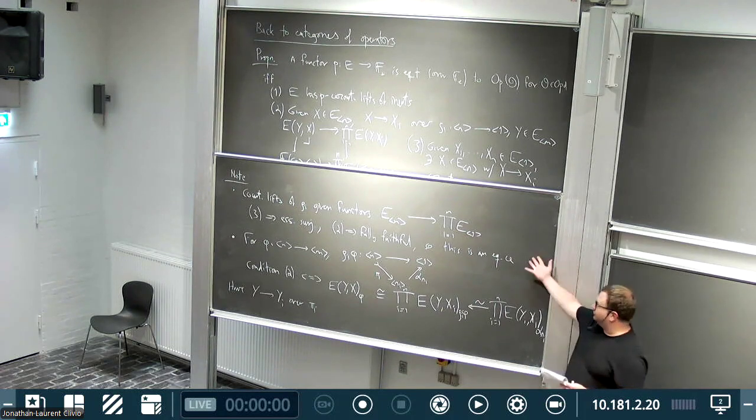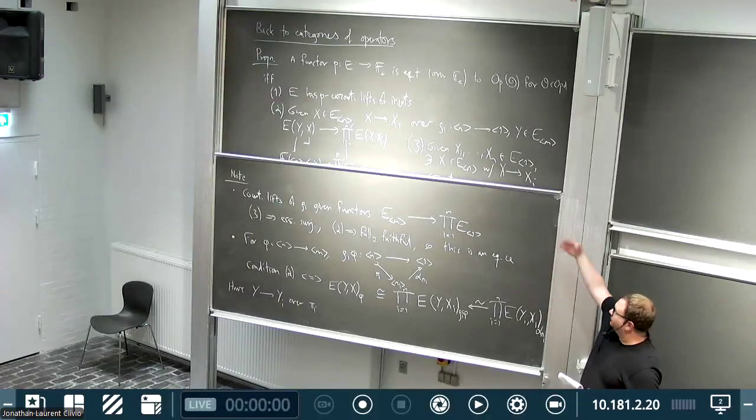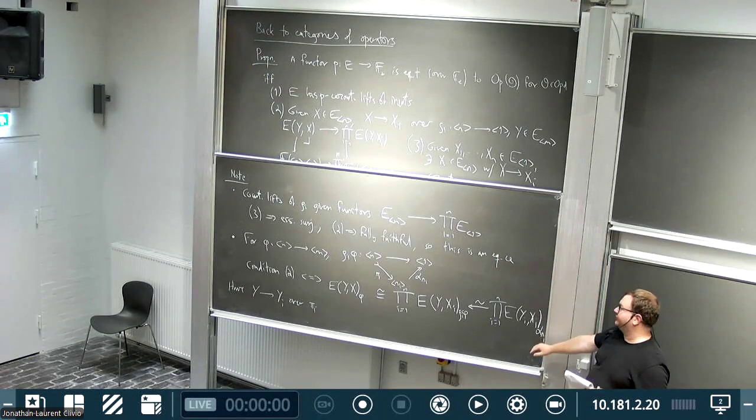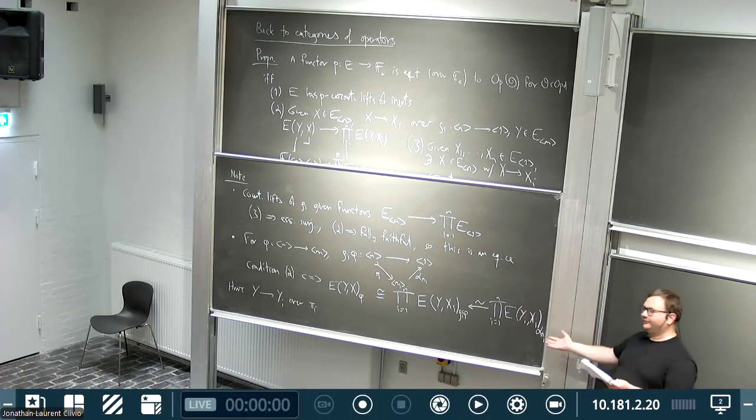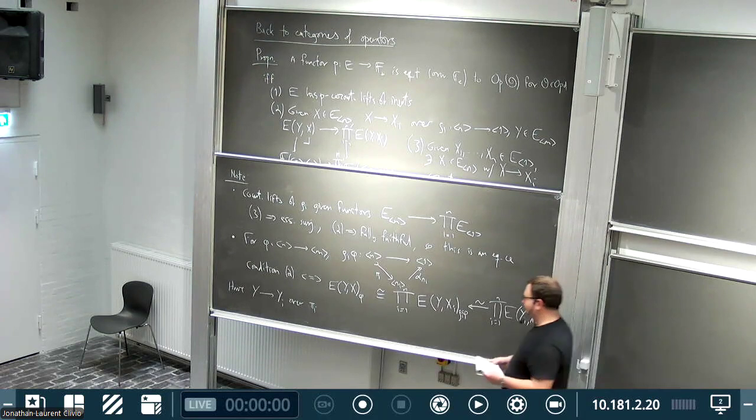So condition 2 is saying that a morphism in E is the list of multimorphisms that we want it to be in our definition of the category of operators.